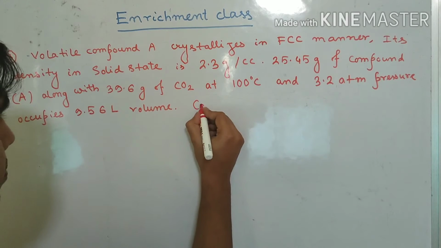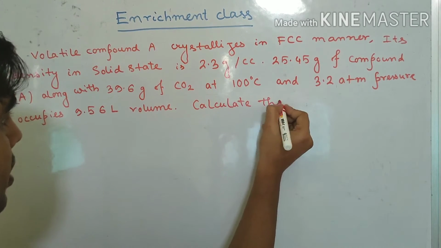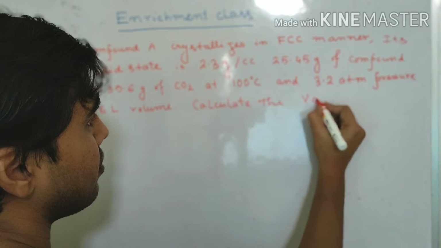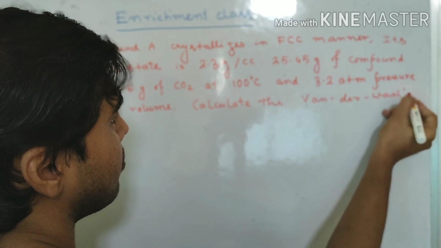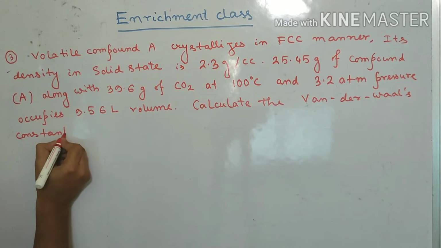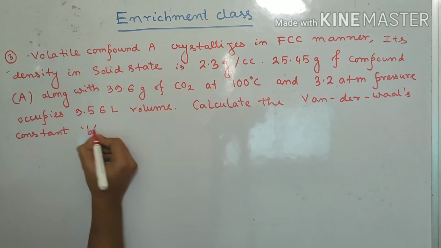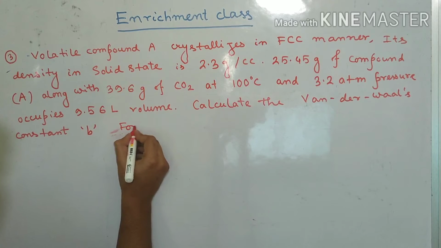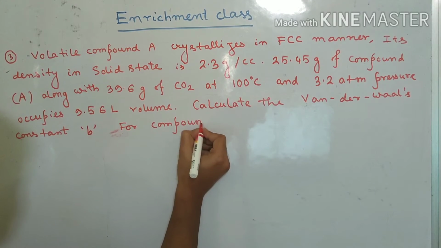Calculate the van der Waals constant B for compound A.